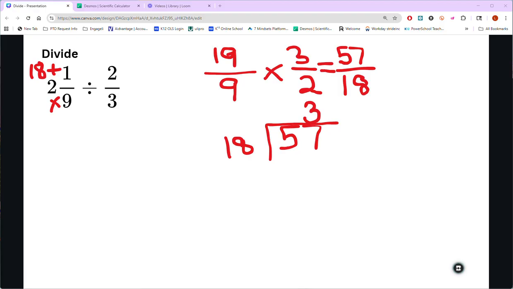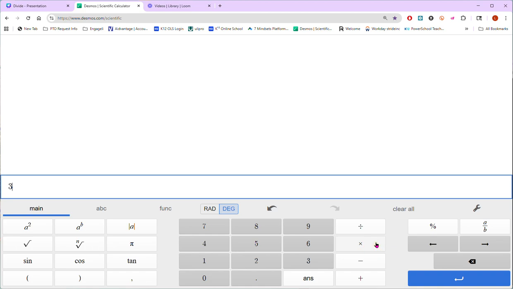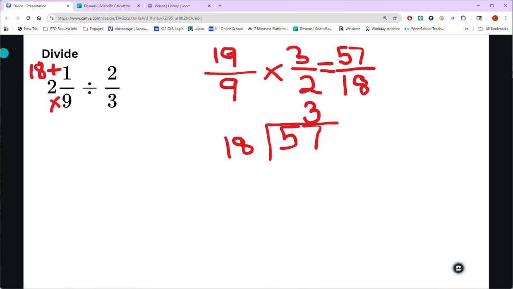And then I multiply 3 times 18. And that gives me 54. And that I subtract, so 57 minus 54 gives me 3.